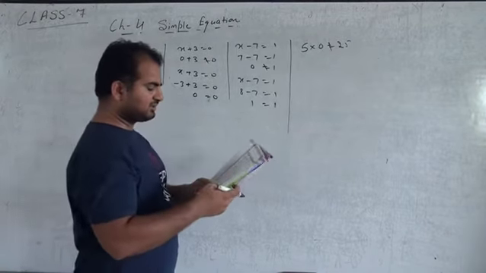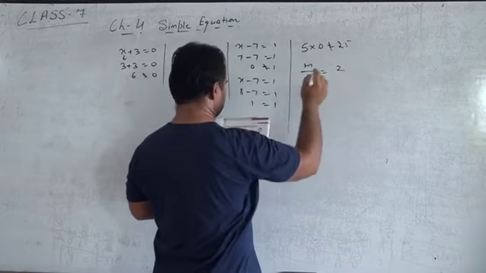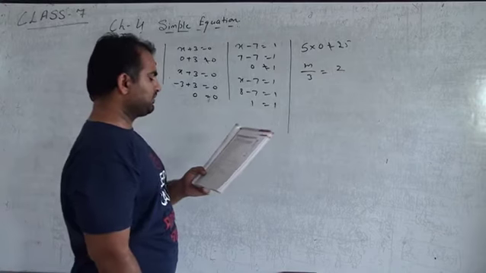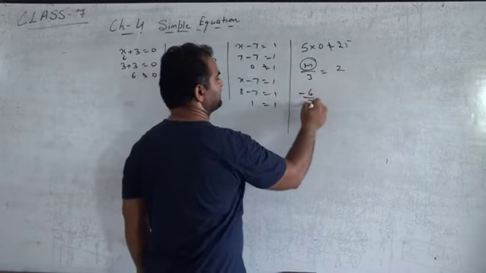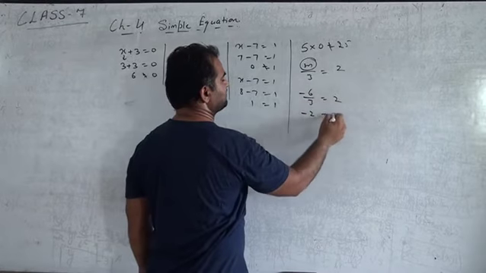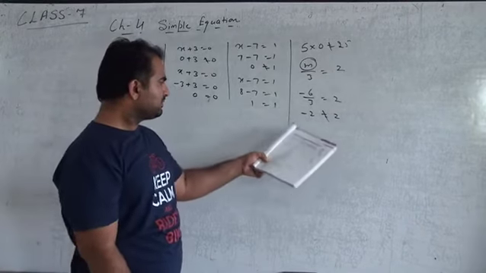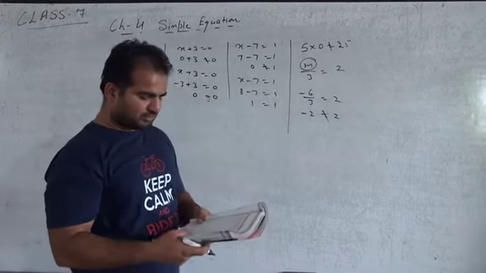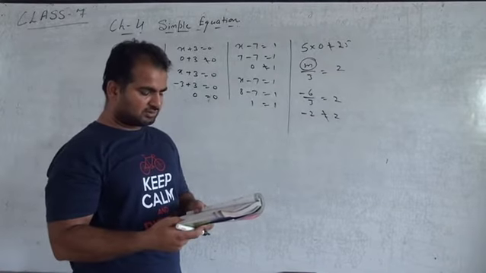Okay, next question is m upon 3 equals to 2. So what we have to place? We have to place minus 6 there. So minus 6 upon 3 equals to 2. It will be minus 2 equals to 2. Minus 2 and 2 is not equal. So we have to cross it out and say no. 0 upon 3 will be 0 is equals to 2.